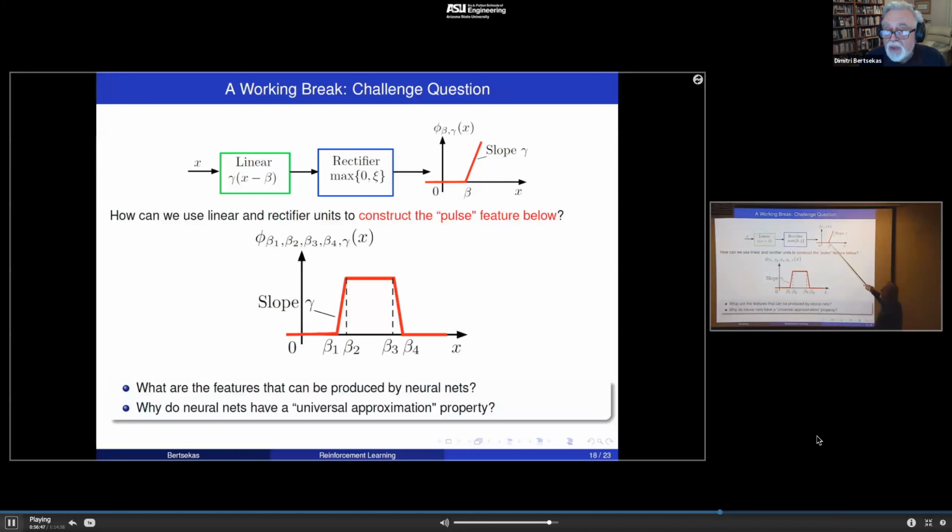And then you can construct the flat part by having one that starts at beta 2 and then has slope negative gamma, so they cancel out and become 0. And then one that starts at beta 3 also has slope negative gamma. So that brings it down. And then one at beta 4 has slope gamma, which brings it back to 0. Very good. That's exactly what it is.